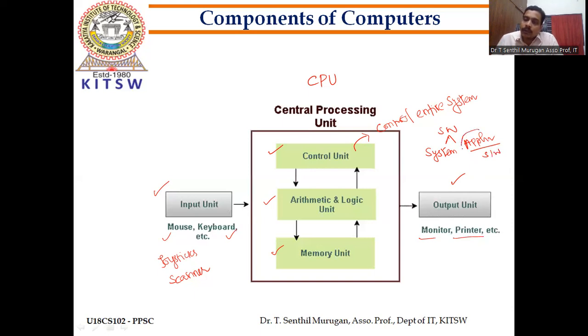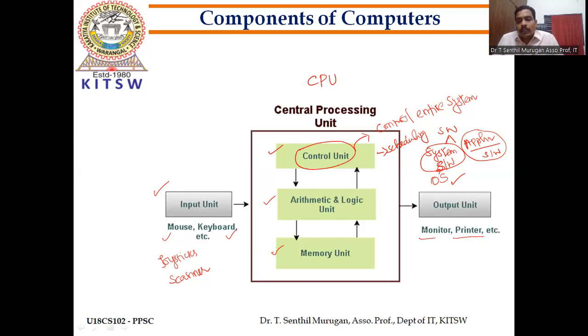We need one software to execute these softwares. That software is considered system software, for example, the operating system. The operating system is used to execute these application softwares on it. The system software decides which program will execute first, like scheduling, arranging the orders and performing the operations. Those things are controlled by the control unit.